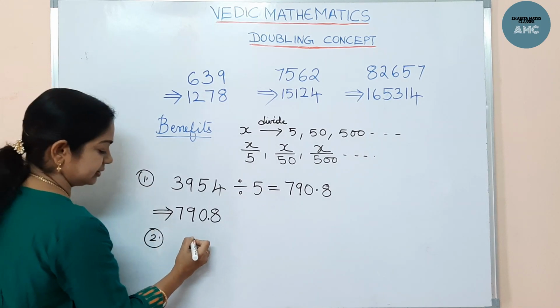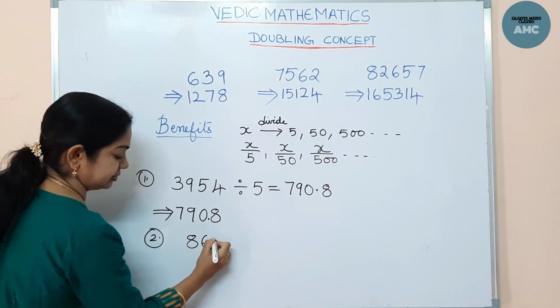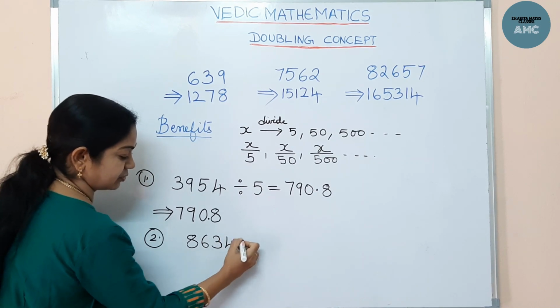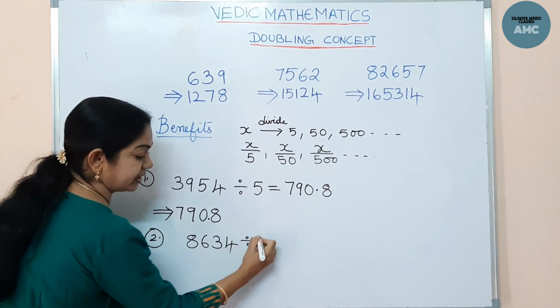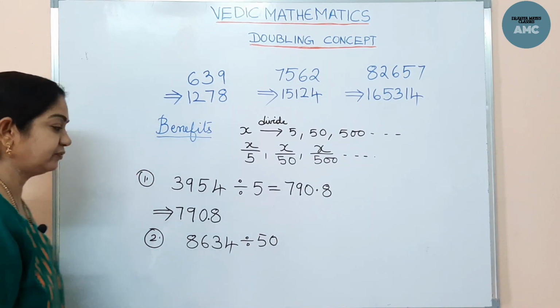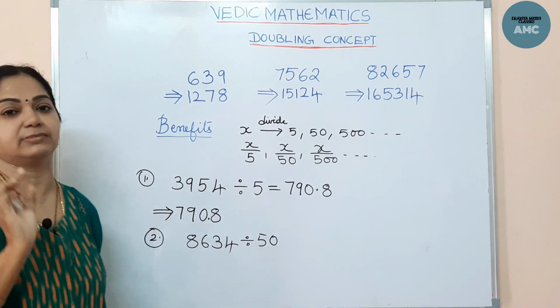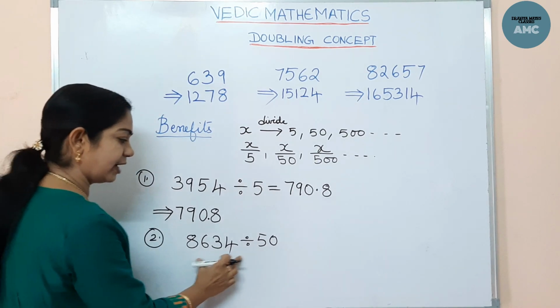Now here 8 6 3 4, I want to divide it by 50, suppose. Now we know for 5, we doubled the number and kept a decimal point. Now I want to divide it by 50.